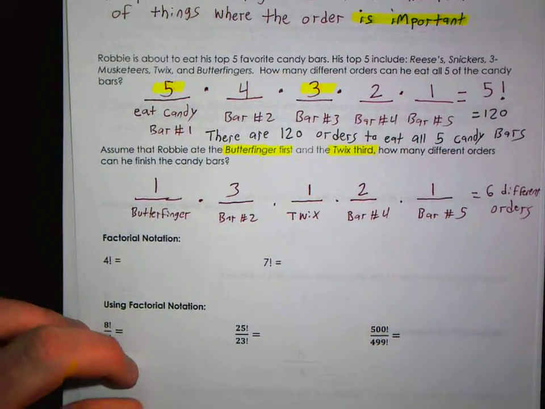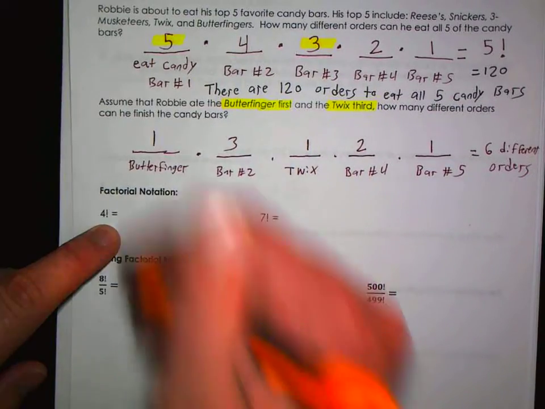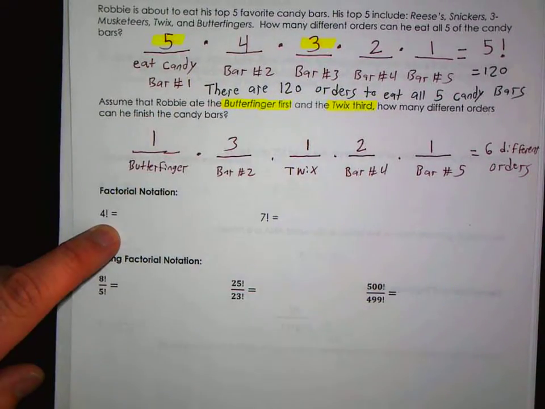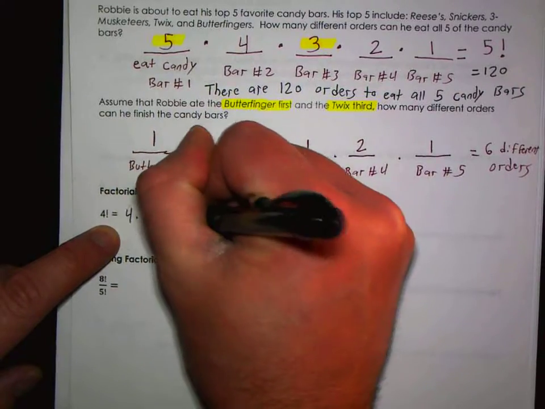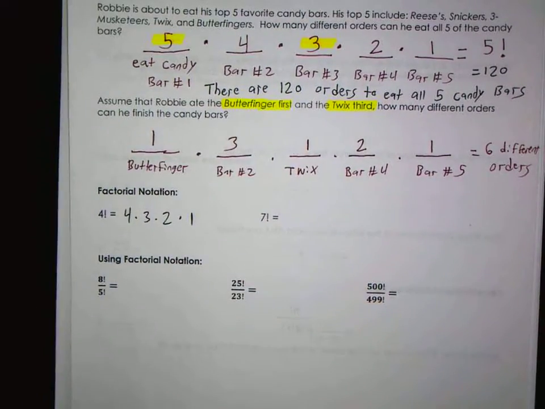Alright, so there's something called factorial notation that helps. 4 factorial means 4 times 3 times 2 times 1, which is 24.